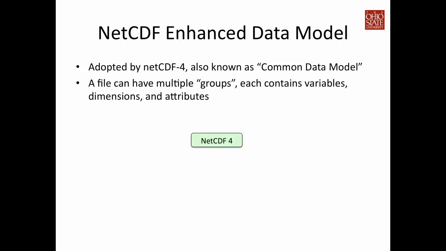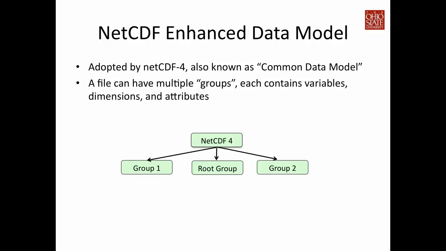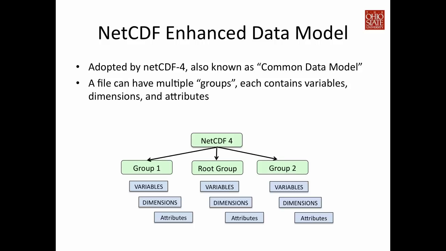Now let's look at what's in the enhanced data model. So starting from NetCDF 4, you use something called the common data model. Basically, the most important concept in this common data model is that a file can have multiple groups. Starting from the root group, it can have multiple other groups as well. And within each group, you have the same information stored in the classic data model.